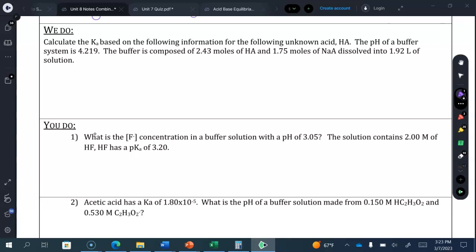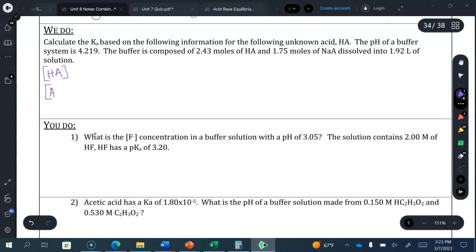The buffer is composed of 2.43 moles of HA and 1.75 moles of NaA dissolved into 1.92 liters of solution. So our first step is to determine the concentrations of our acid and the conjugate base. The conjugate base concentration is also equal to the concentration of the salt dissolved in there, because these two will fully dissociate.